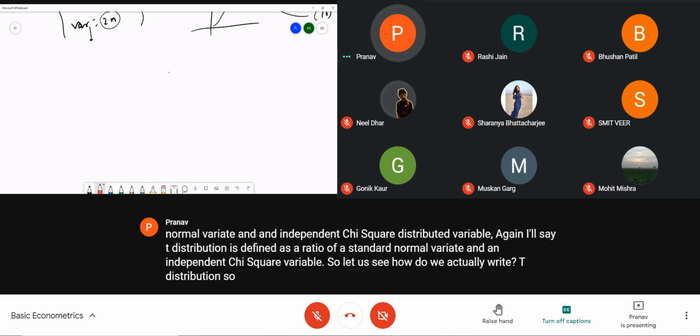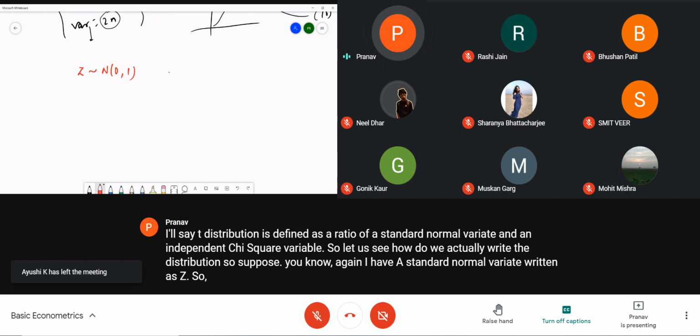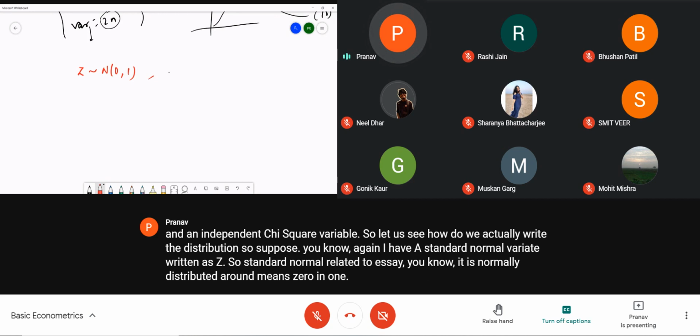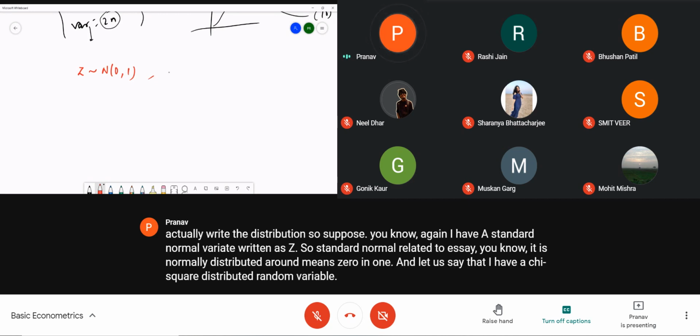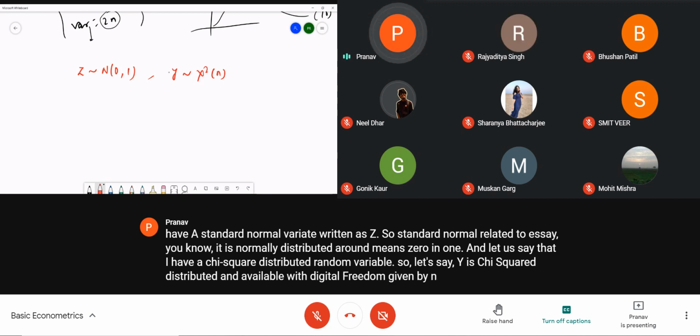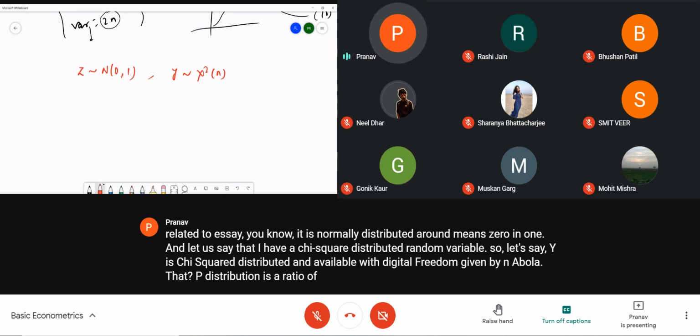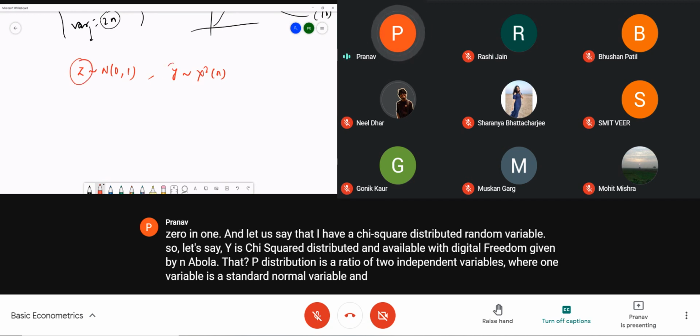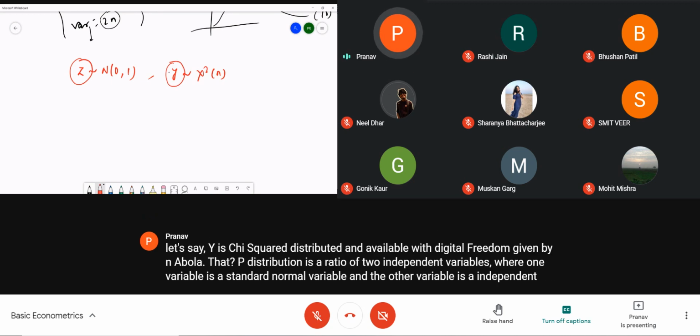So let us see how we actually write the T distribution. Suppose I have a standard normal variate written as Z. It is normally distributed around mean 0 and variance 1. And let us say Y is a chi-square distributed random variable with degrees of freedom n. What did we just say? The T distribution is a ratio of two independent variables, where one is a standard normal variable and the other is an independent chi-square distributed variable.